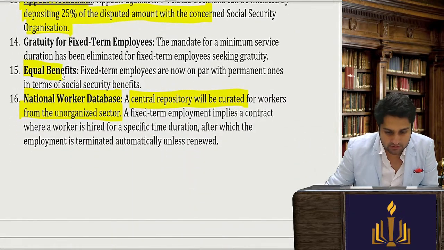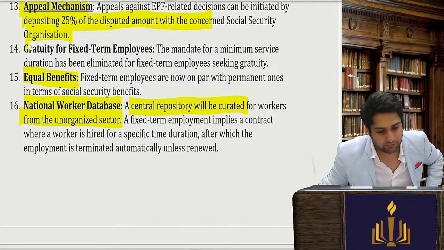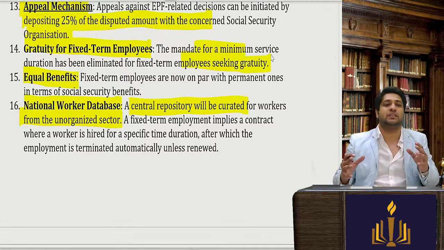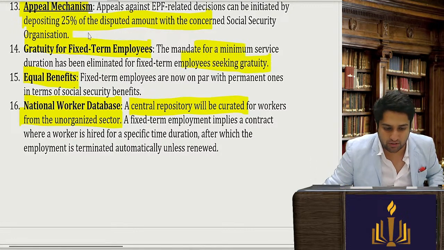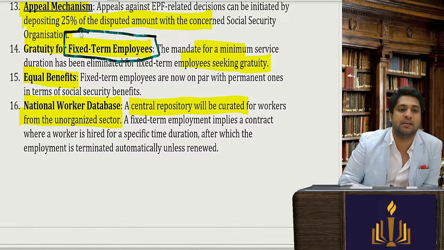Equal benefits for gratuity for fixed term employees also have been allowed. Now let's understand what these fixed term employees are. They earlier never came. This is a new definition that has been added.